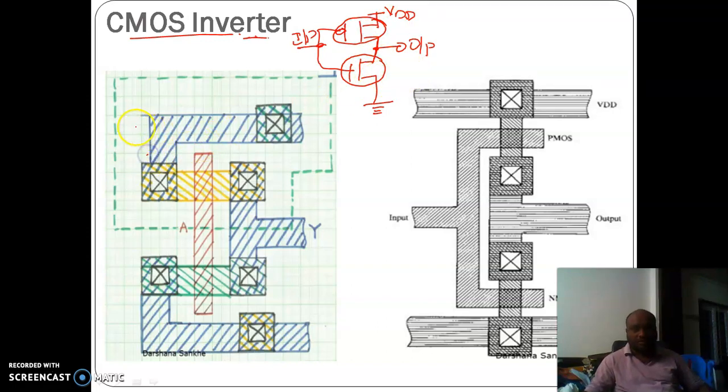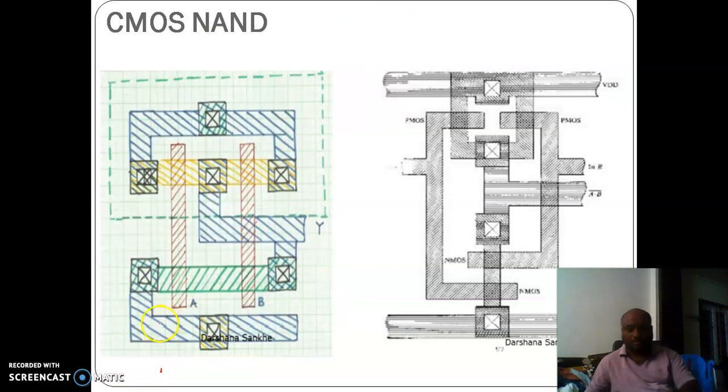See here, the procedure for drawing is first you draw the metal rails for supply and ground. So this is the supply and this is the ground metal layer.